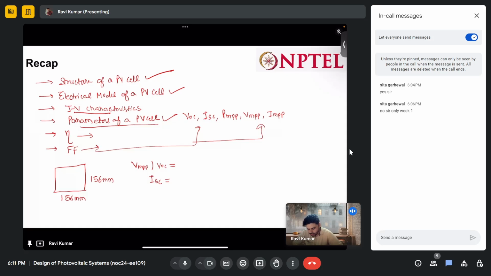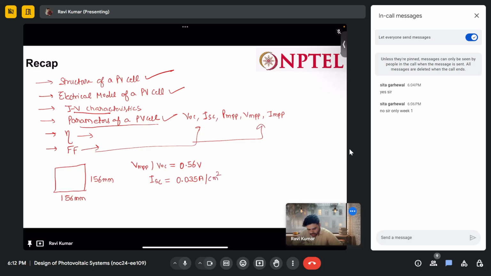Okay, let me tell you, it's around 0.56 volt. And ISC: generally for a crystalline silicon solar cell, we have a simple term, that is current density. It is like 0.035 ampere per centimeter square.